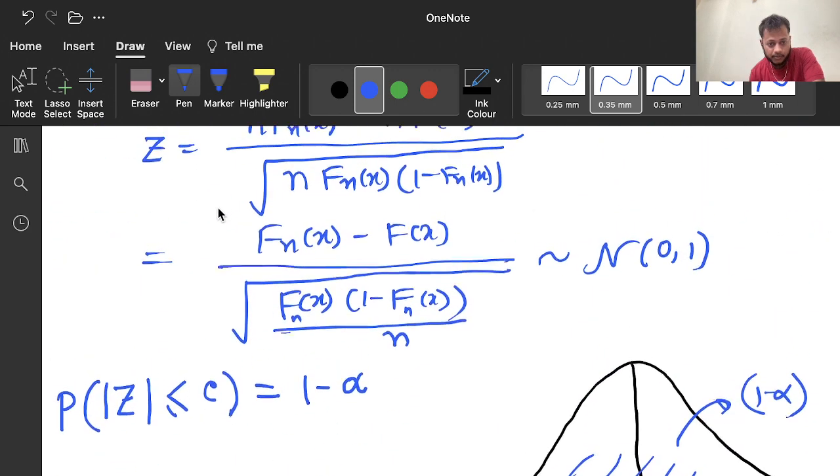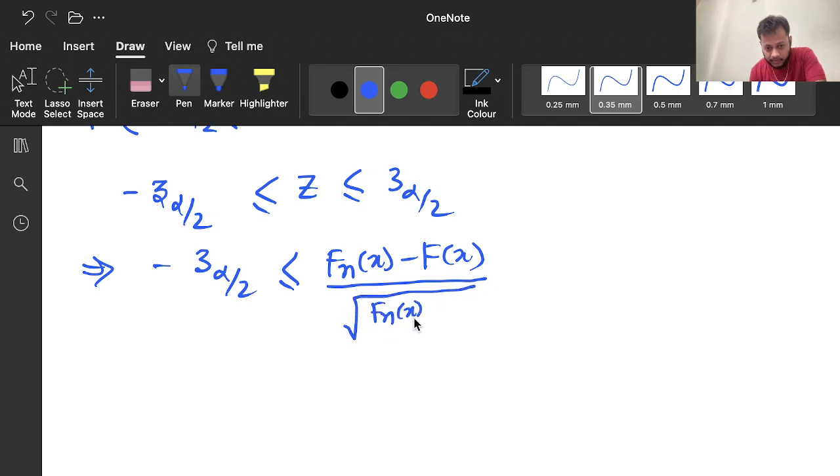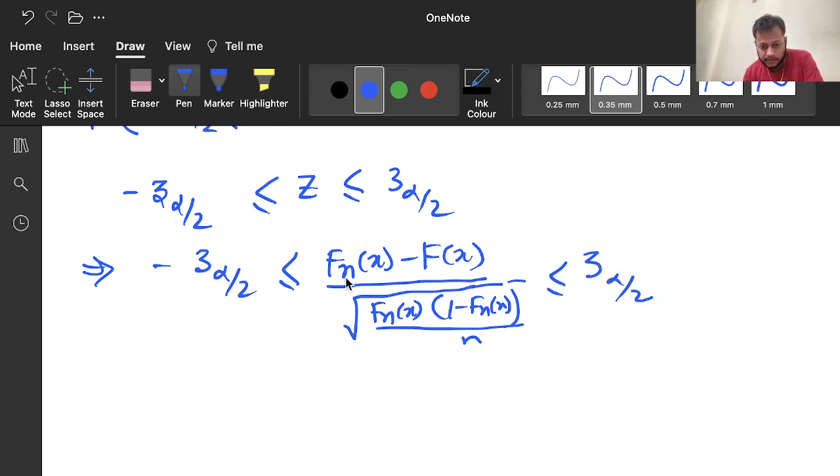Let's put the value of Z here. That is Fn(x) minus F(x) divided by the root of Fn(x) times 1 minus Fn(x) over n. So first let this side, then we will do that side.